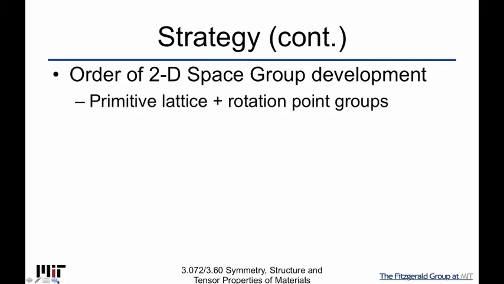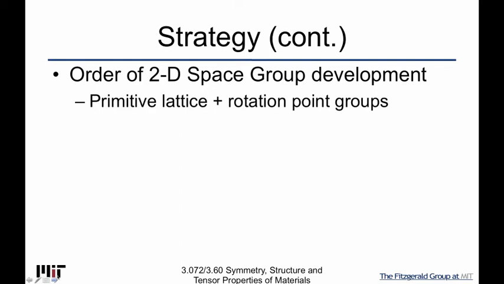So the order that we're going to follow in developing this is to start from simple to complex, of course. We're going to start with the primitive lattices that we've developed, and we're going to just add the rotation point groups, which we know are compatible because that's how we derived those lattices in the first place, right?